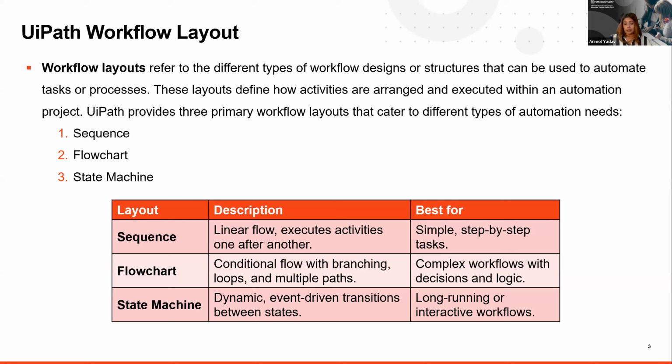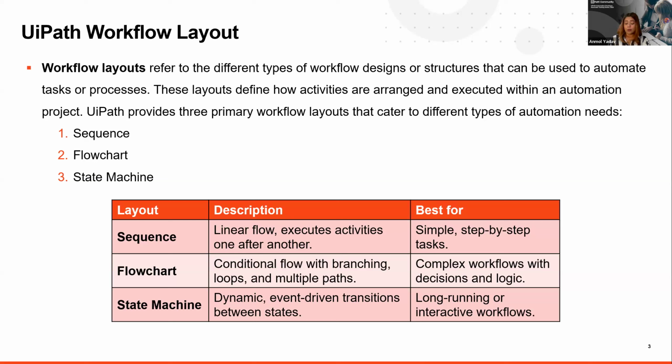The third and the last is state machines. It's a little more complex than the sequence and the flowchart, but it's the best when you have a dynamic event-driven transition between states. And it's best for long-running rule-based processes that have multiple decision points.